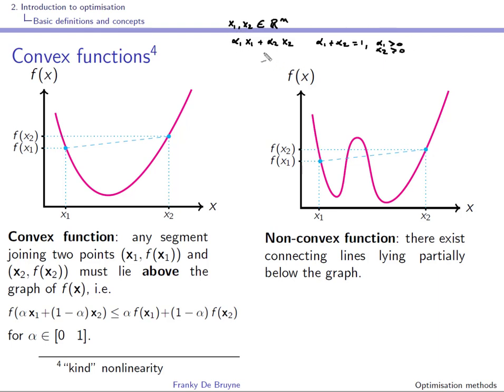This definition of a convex combination can be extended to several vectors, so more than 2 vectors.